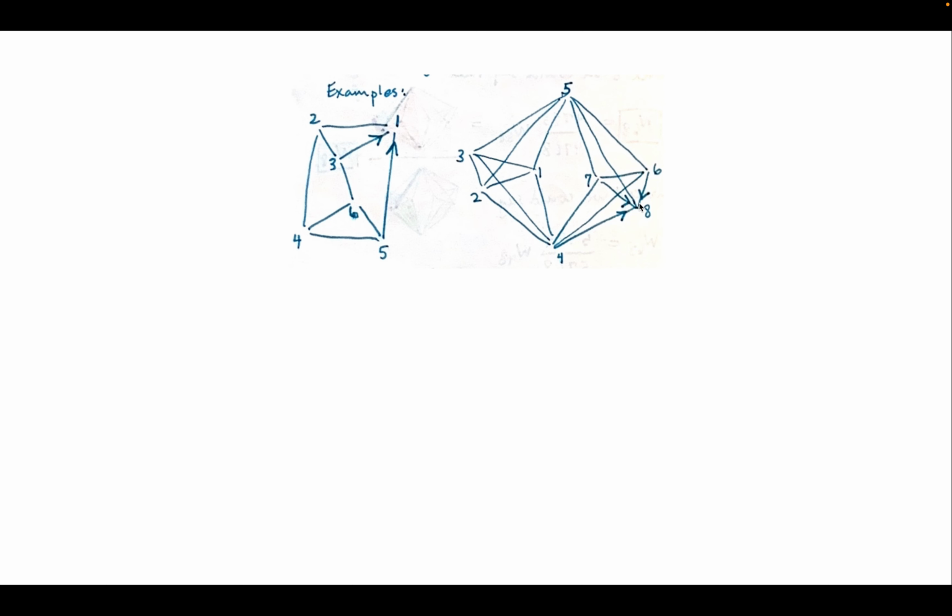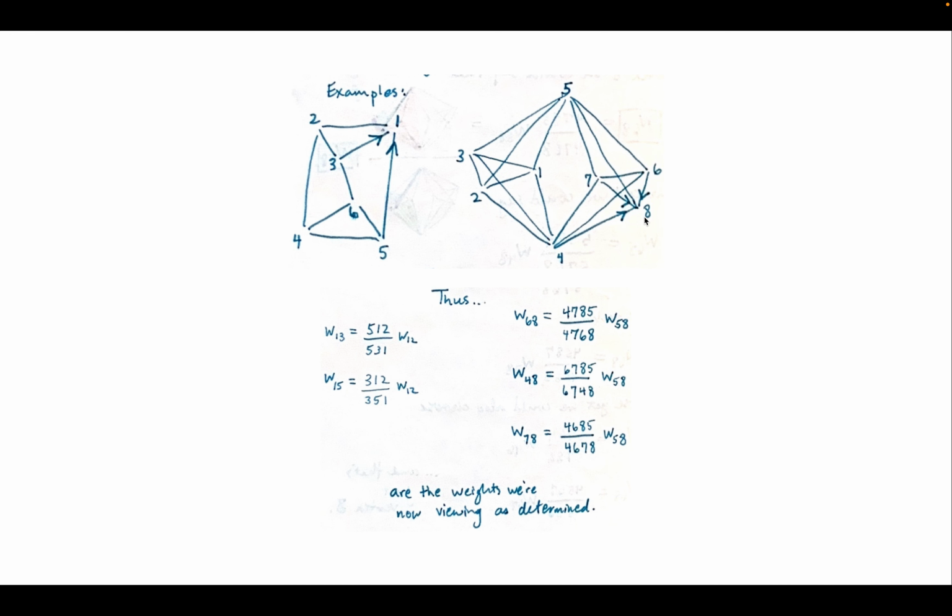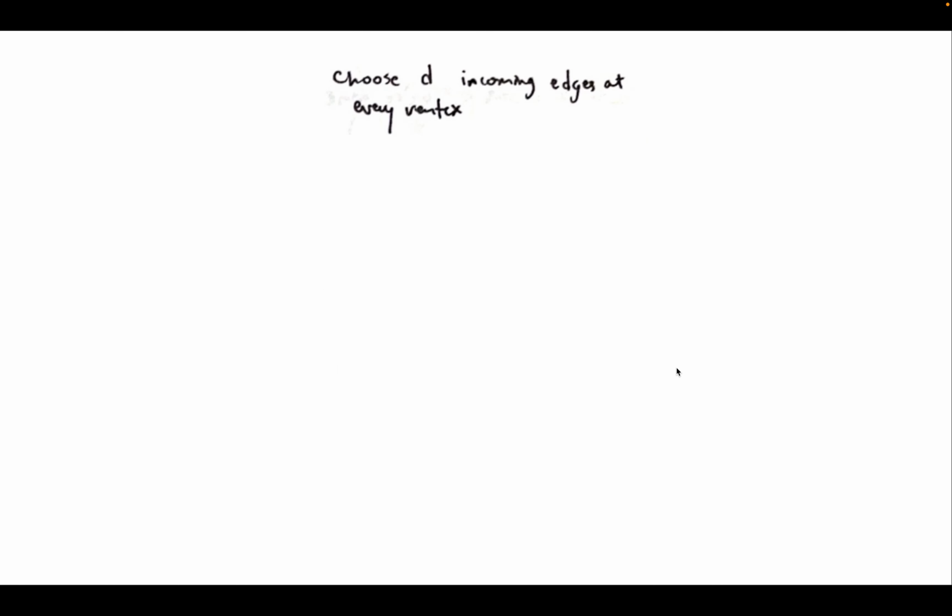And over here in dimension 3, we have to choose 3 edges to be determined by 5, 8. So very concretely, edges 1, 3 and 1, 5 are determined in terms of 1, 2 by these signed ratios. Over here, edges 6, 8, 4, 8, and 7, 8 are all determined in terms of the outgoing edge 5, 8. And we're now going to view these as determined.